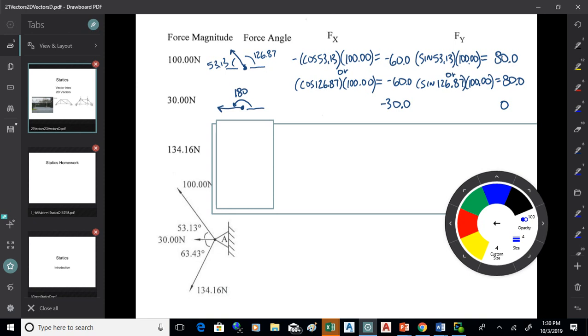And then what you do, you just add the columns up and get the total. That's how you get the result. So the next step is just to add up the column.